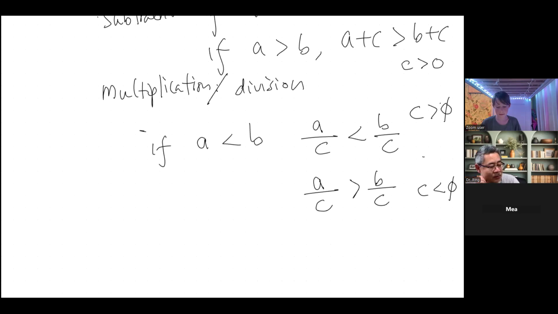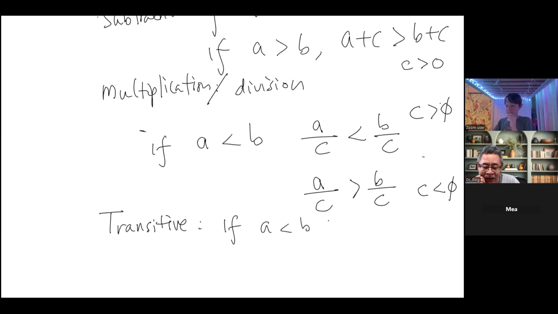Okay, one last property for inequality is called the transitive property. The transitive property is that if A is less than B and B is less than C, then A is less than C. For example, 2 is less than 5, 5 is less than 7, so therefore 2 has to be less than 7.